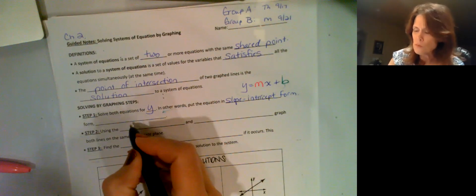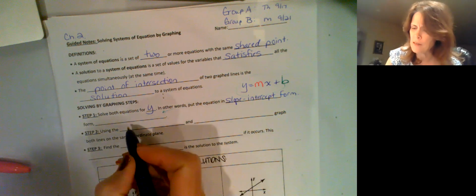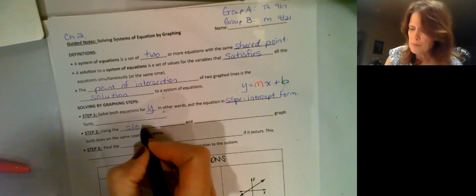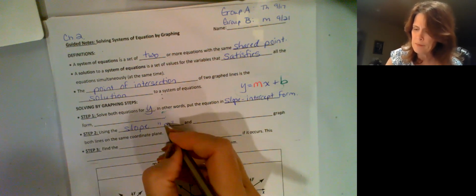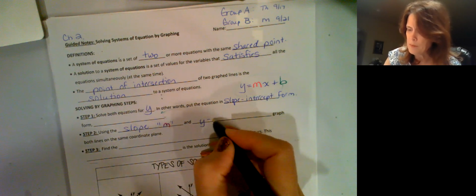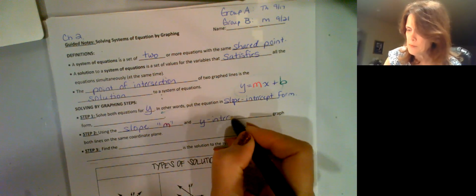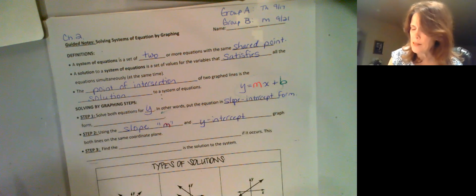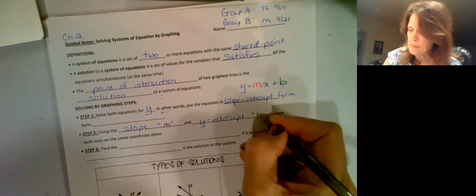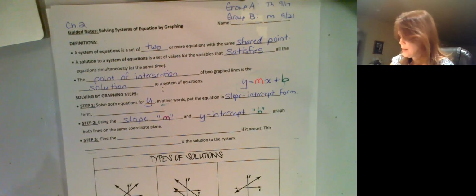Using the slope, which is the m. Okay, I'm going to color code some of this. And y-intercept, which we're going to say is that b. We're going to graph both of those lines, okay?